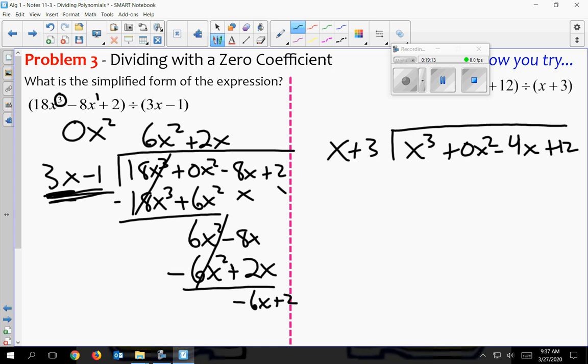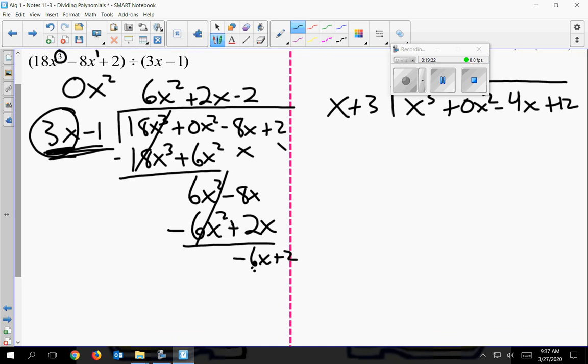And then repeat my process. So 3x into this negative 6x. Now I got to be careful here. I have to make the 3x into negative 6x. So that's really going to be multiplying by a negative 2. So that's a little bit different than what we've had before. So it's going to give me negative 6x. And I have to take the negative 2 and multiply it by negative 1. So that gives me positive 2.